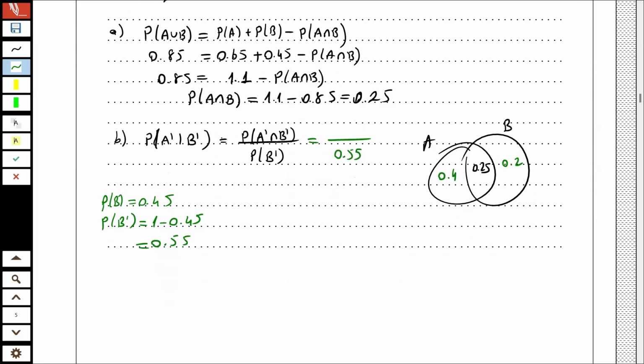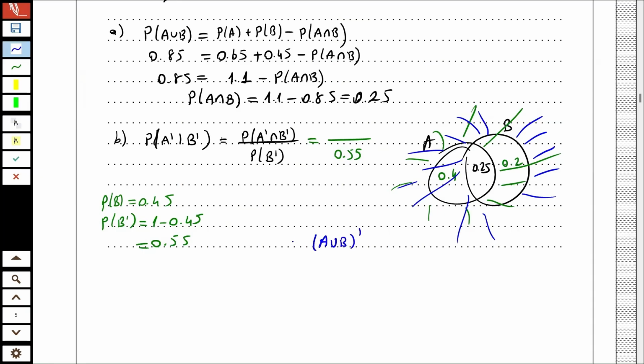We need the intersection of not A and not B. This is not A, and let's check not B. So what is the intersection of yellow and blue? It's going to be not A and not B, right? Yeah, we are looking for this.